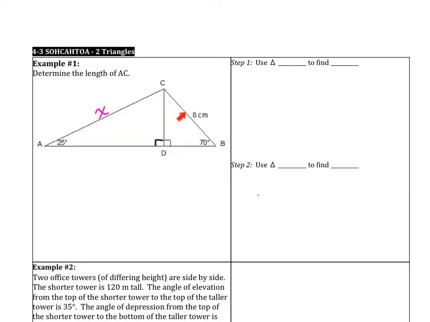So what we can do is use this triangle to solve for this side, and then once we know this side, then we have 1, 2, 3 pieces of information that we know, and then we can solve for X. So the first thing we're going to do is use triangle CDB to solve for side CD, and we're just going to call that Y.